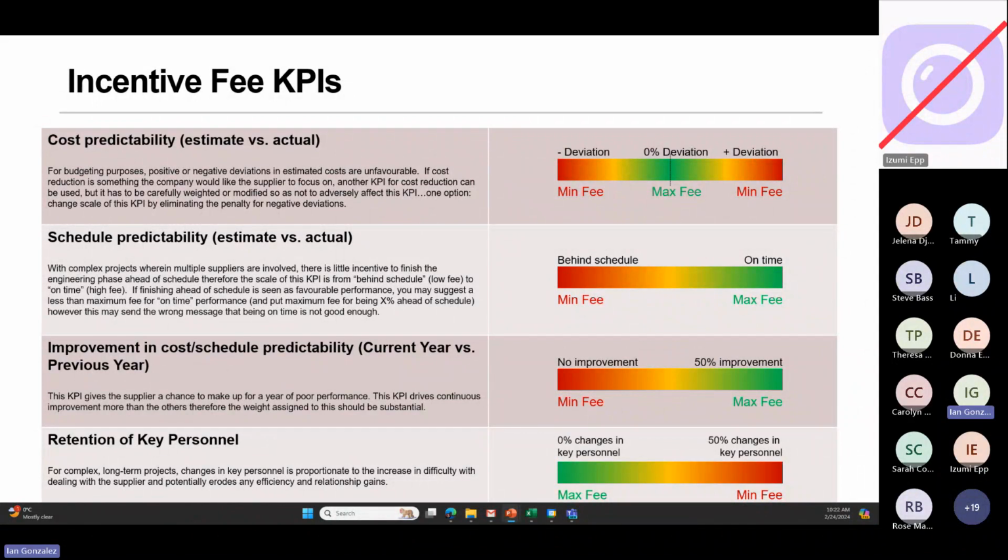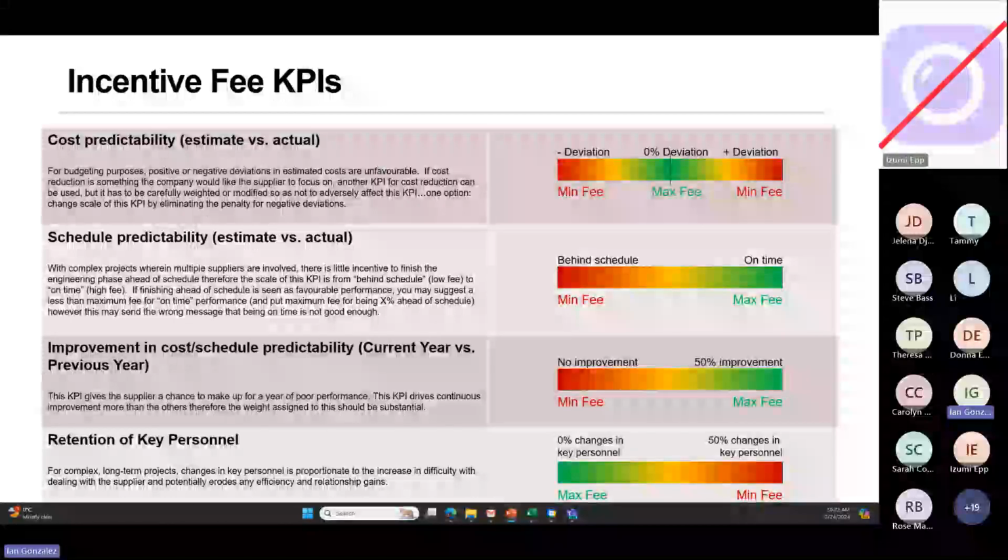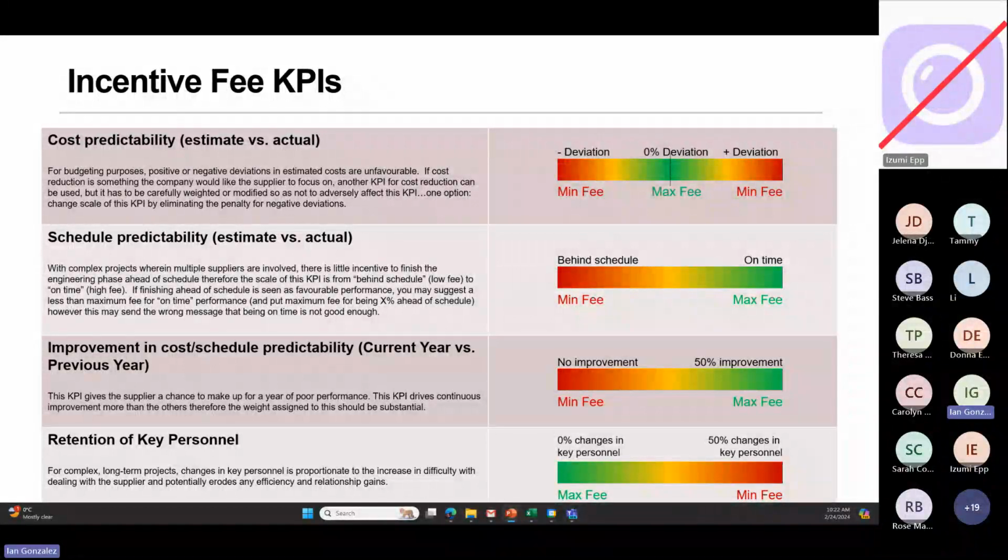If cost reduction is something the company would like the supplier to focus on too, another KPI for cost reduction can be used, but it has to be carefully weighted or modified so as not to adversely affect this KPI. One option is to change the scale of this KPI by eliminating the penalty for negative deviations.